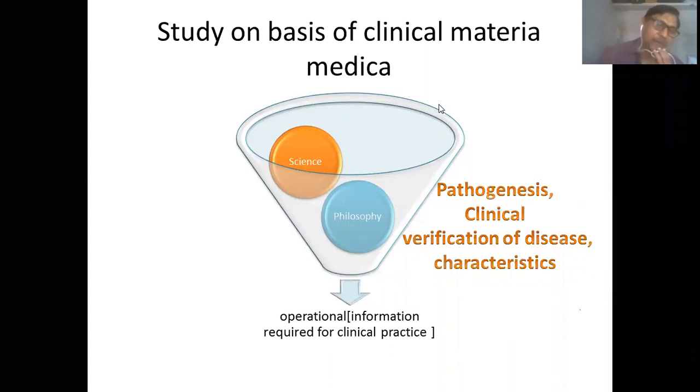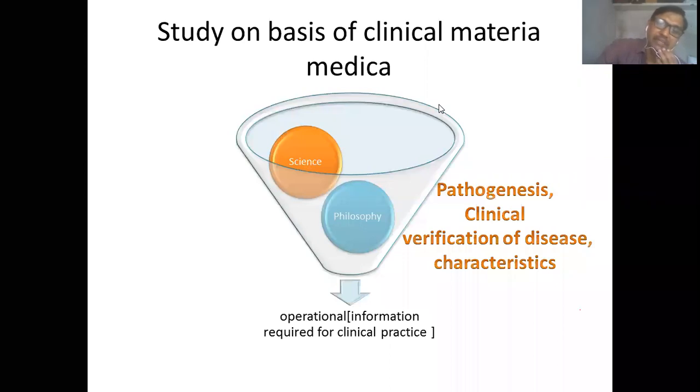verification will be: aconite will be indicated in the initial stages of fever. Baptisia will be indicated in the stage of fever when the patient becomes toxic, when the patient has suffered very much from a high degree of fever. So such clinical verification of disease is also given in this materia medica.